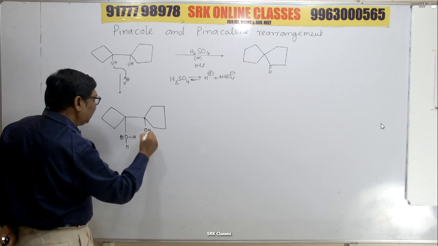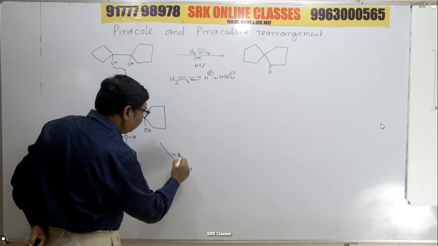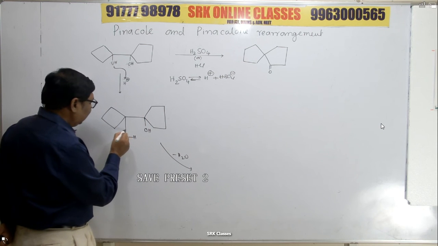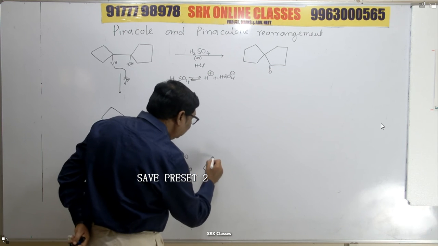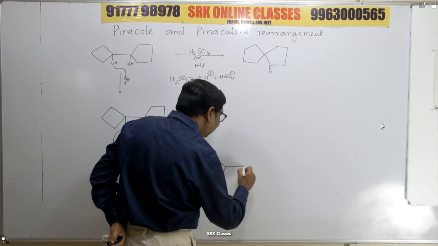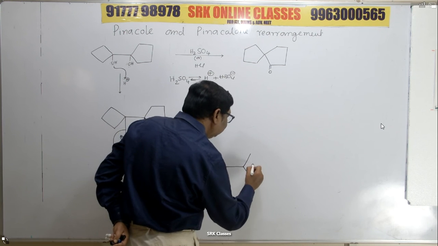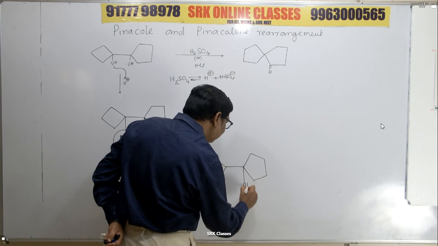Here OH will be as it is. Then elimination of H2O takes place. This part is eliminated. Therefore, you will get the 4-membered ring, here the 5-membered ring, and this OH will be the same.